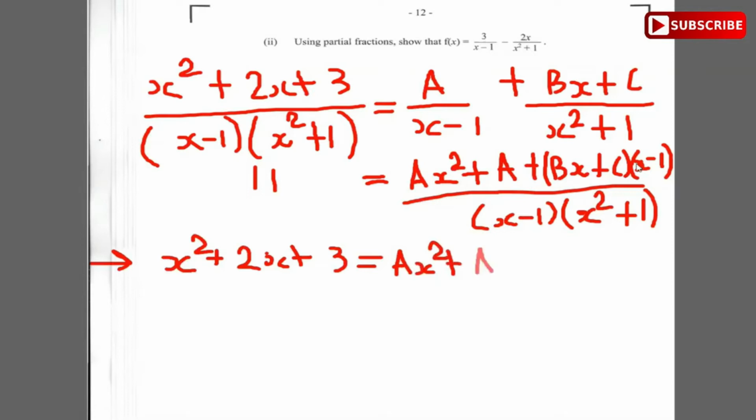Now bx times x is bx squared, so it becomes plus bx squared. Now bx times minus 1 is minus bx. Then c times x is plus cx.